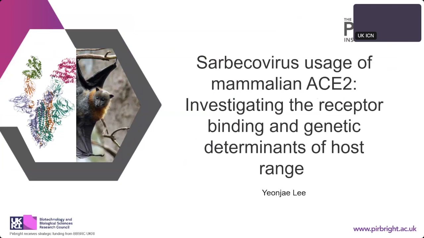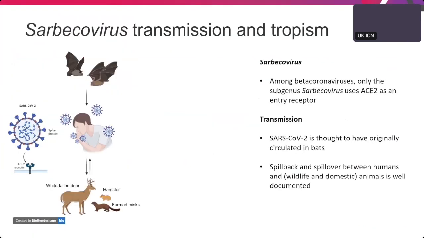So my project was on investigating the Sarbecovirus host range and receptor genetic determinants of their receptor binding. As we are all aware, SARS-CoV-2 entry is determined initially by the spike protein and host ACE2 receptor protein interaction. Given that SARS-CoV-2 is presumed to have originated in bats, bats could potentially be the route to human spillover transmission.